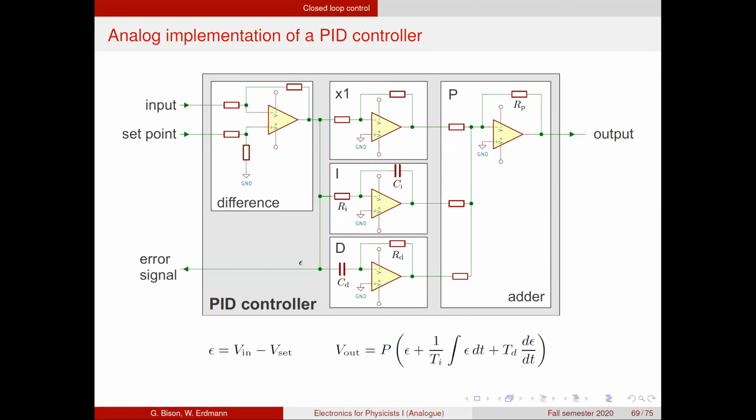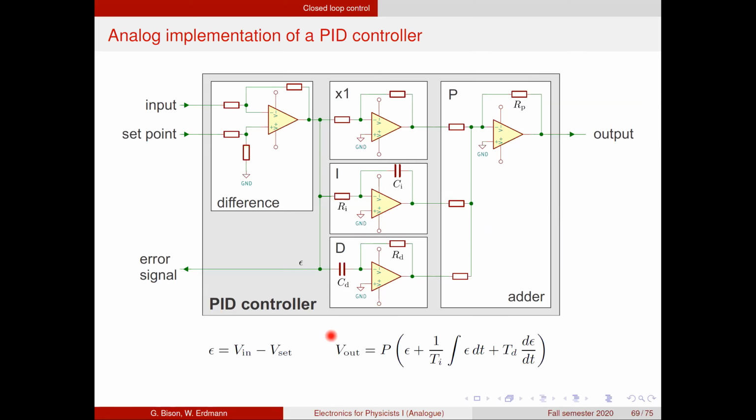And now the three parameters with which a PID controller is set up are the overall gain, the integration time constant given by Ri and Ci, and the differentiation time constant given by Rd and Cd. And then it's easy to calculate the output signal.